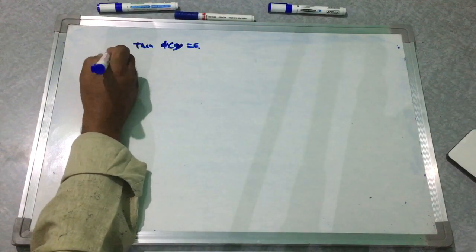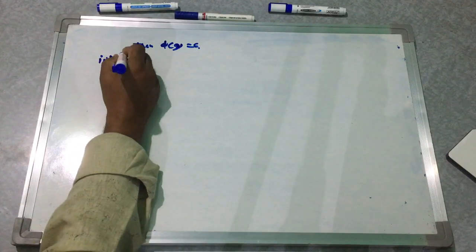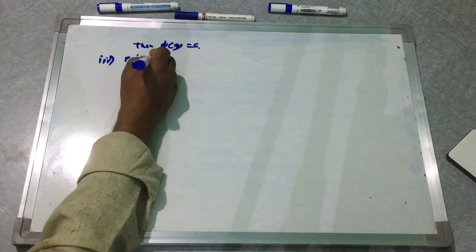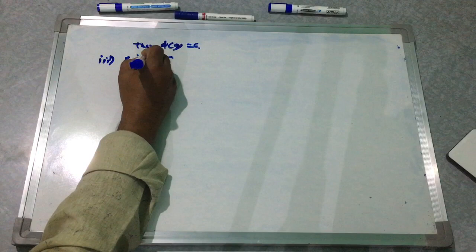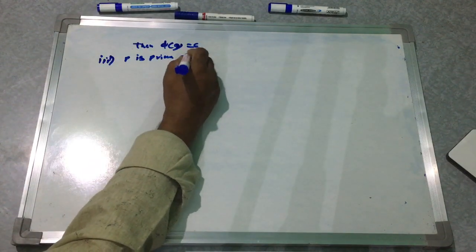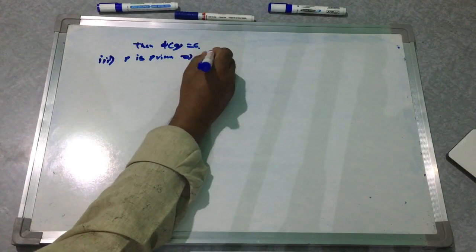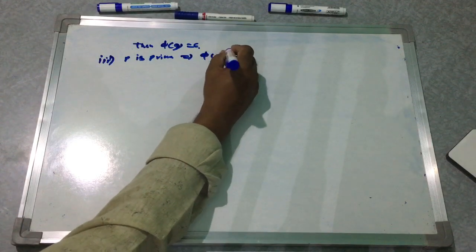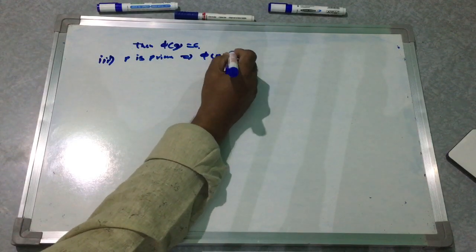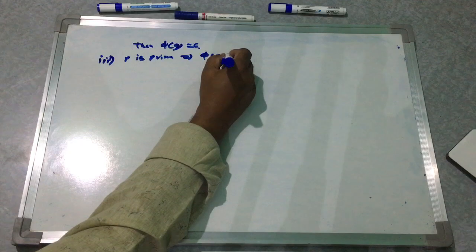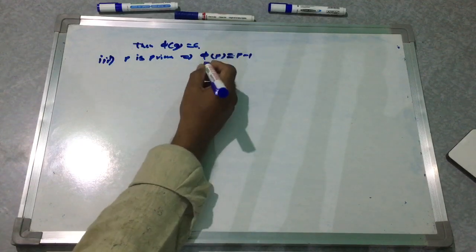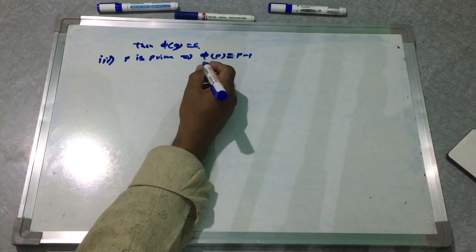Number 3, if P is prime, that is phi of P is equal to P minus 1. Phi of P is equal to P minus 1.